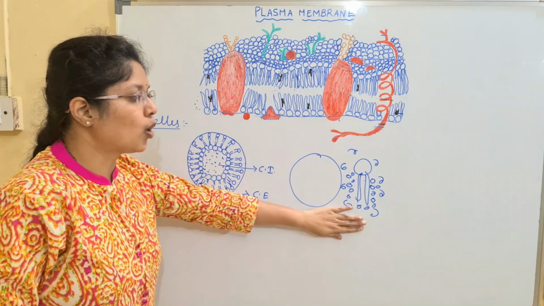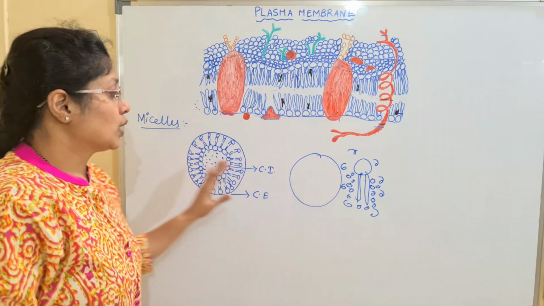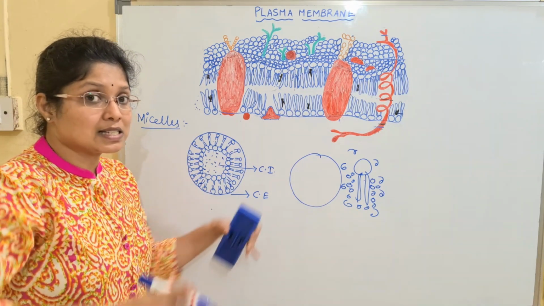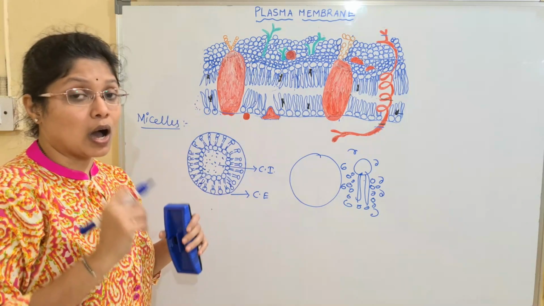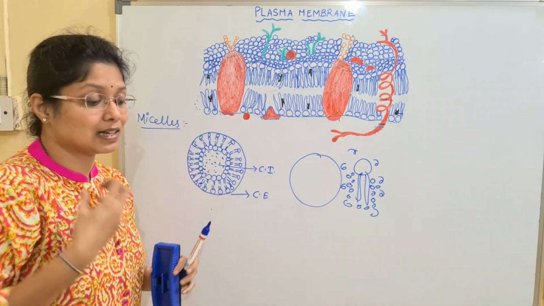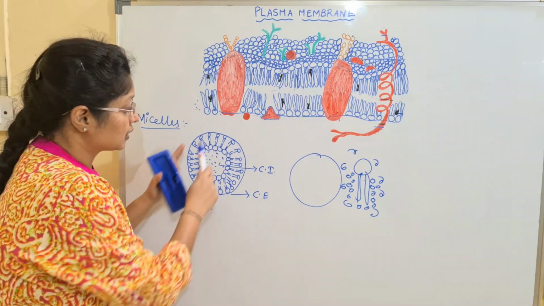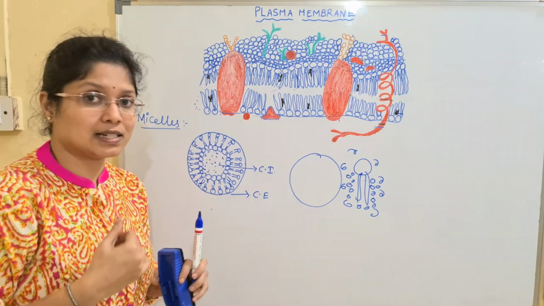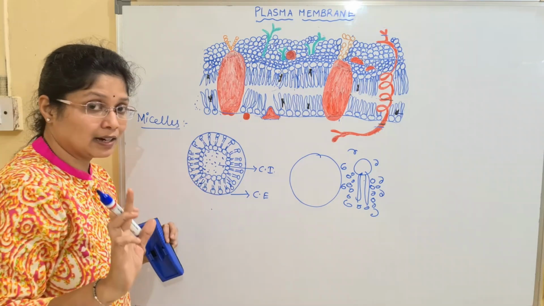In order to avoid this condition, what will happen, children? All these lipid molecules will be sealed together. So how are the cells formed? In order to avoid water from outside as well as inside, they form the bilayer, first thing.